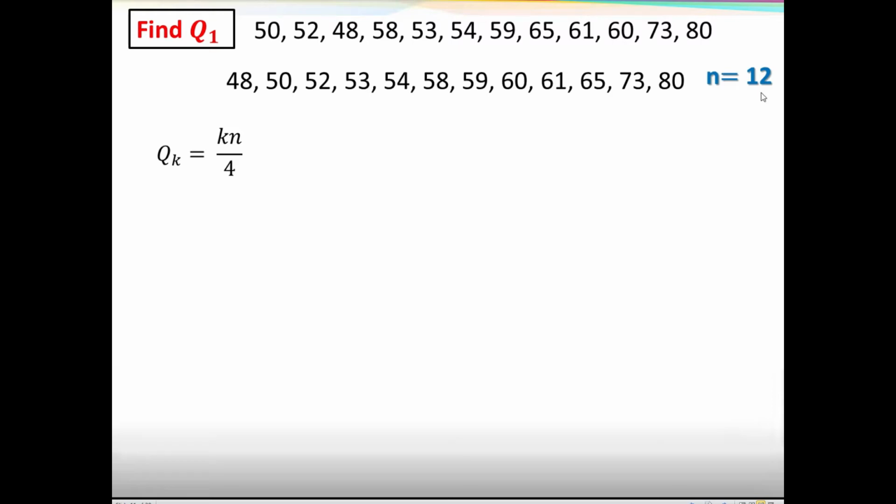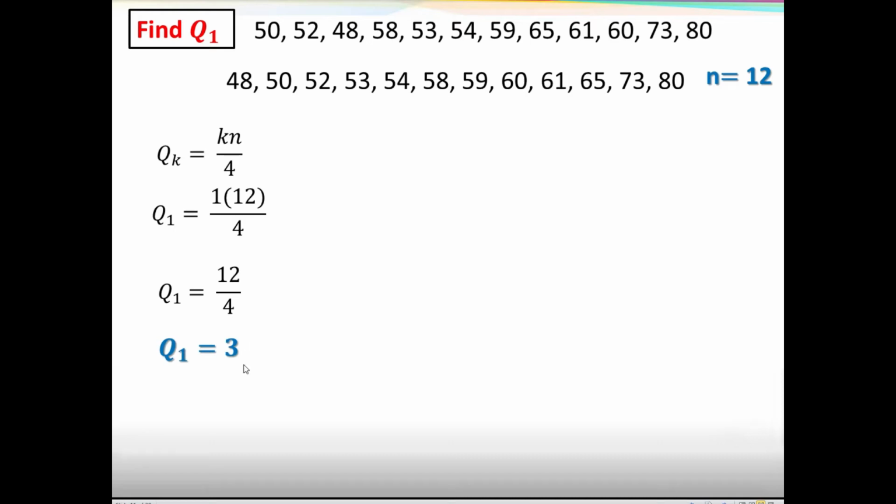Substituting 1 and 12, we now have Q sub 1 equals 1 times 12 over 4. Next, multiply 1 by 12. 1 times 12 is equal to 12. So we now have Q sub 1 equals 12 over 4. 12 divided by 4 is equal to 3. So we have Q sub 1 is equal to 3.